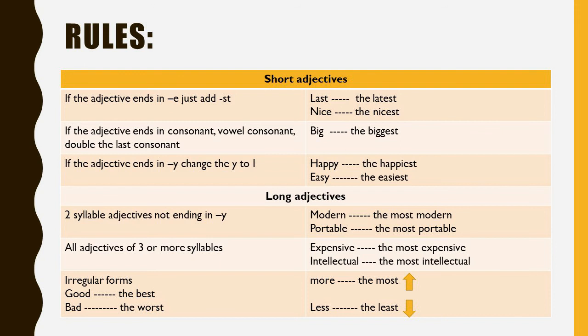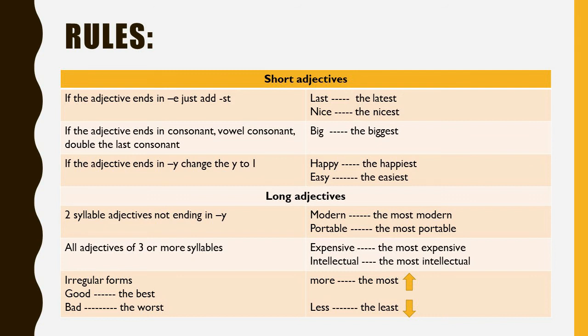For two-syllable adjectives not ending in Y, for example, modern, it says the most modern. Portable, the most portable, right? It is not modernest or portablest.